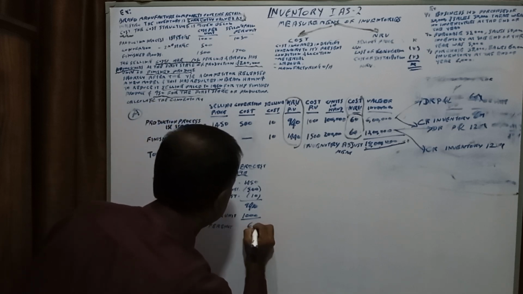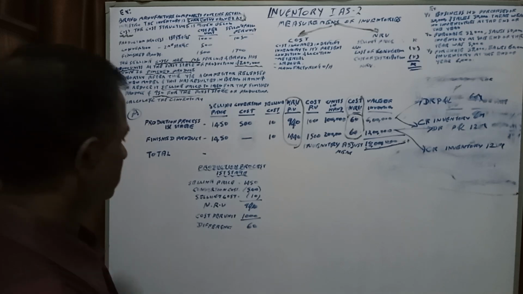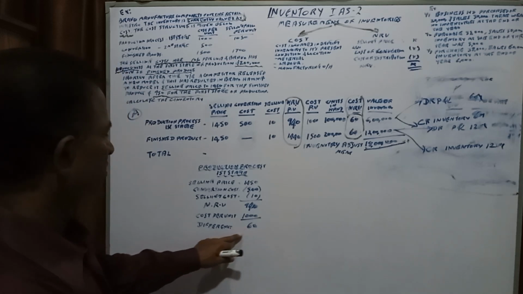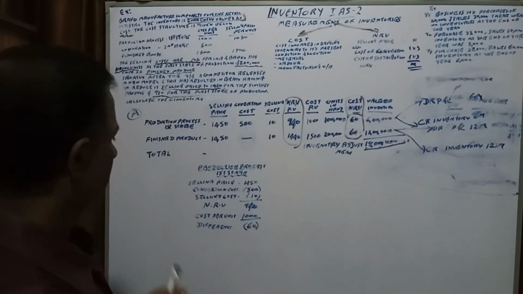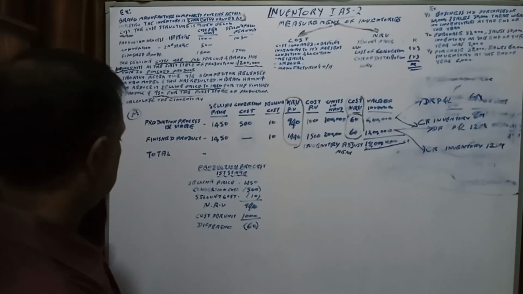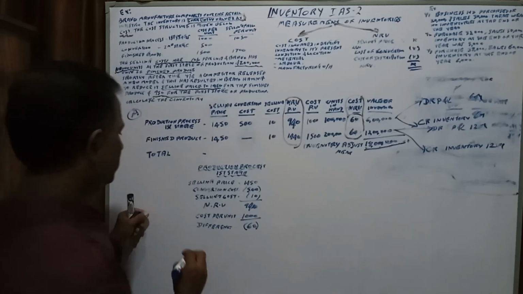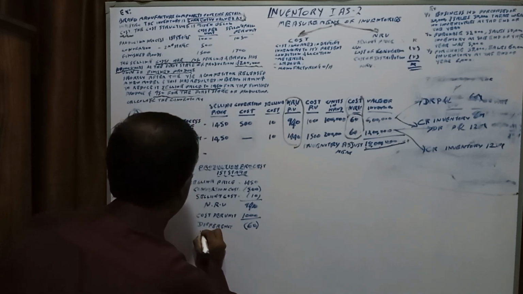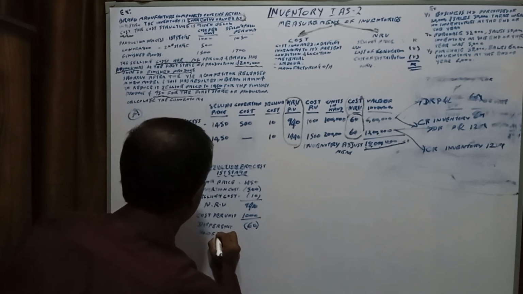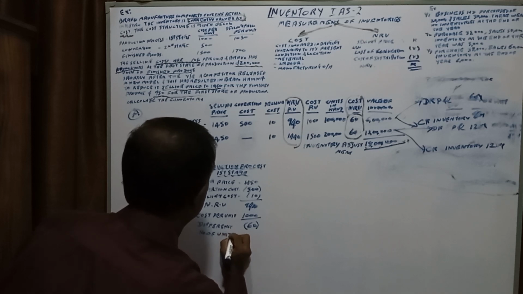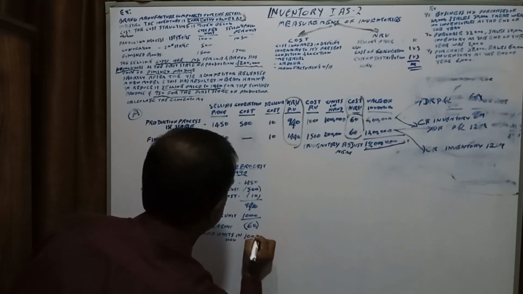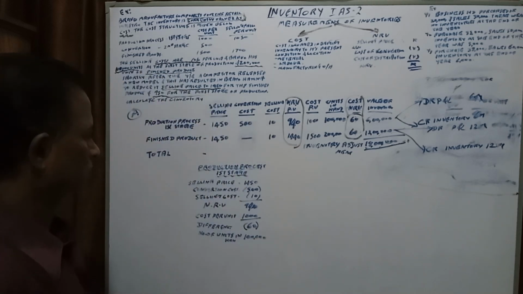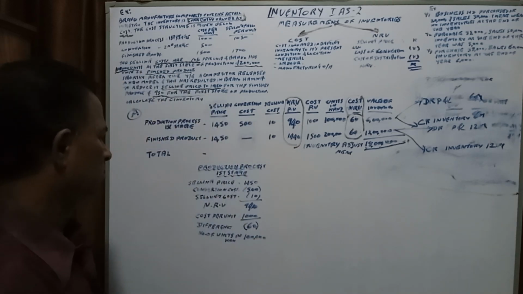The difference is 60. Then number of units in hand, 100,000.